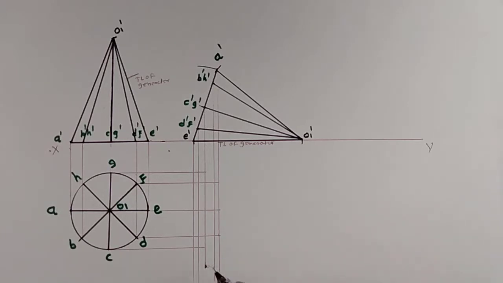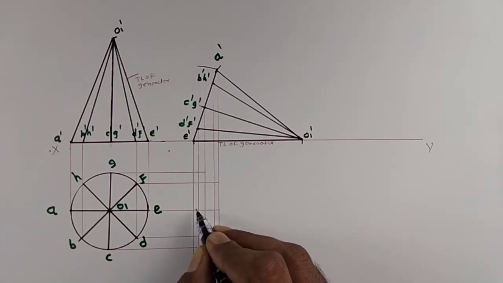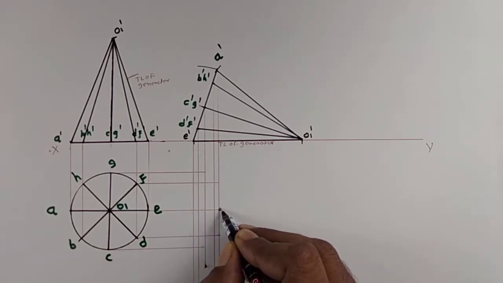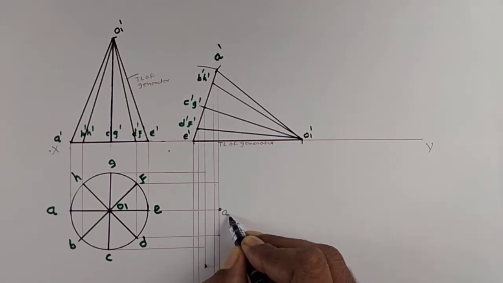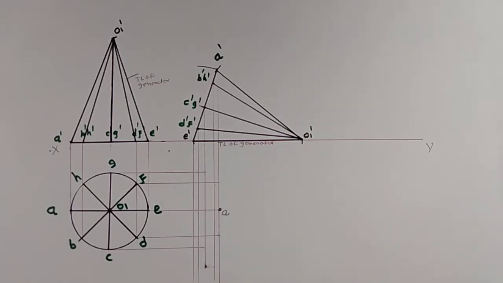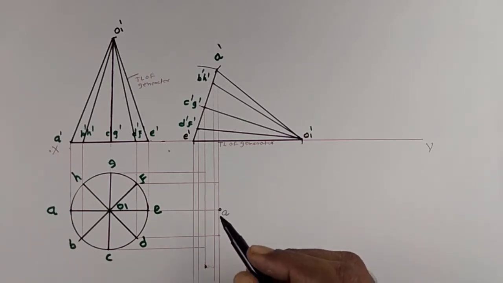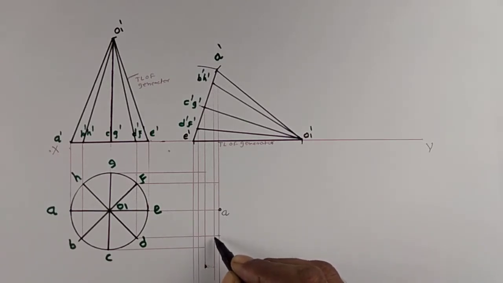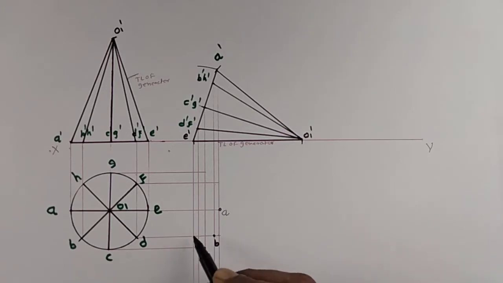Now first off I mark the points. Where is the A? A is here. These are our A points. Where is the B? B is here. It is our C point.